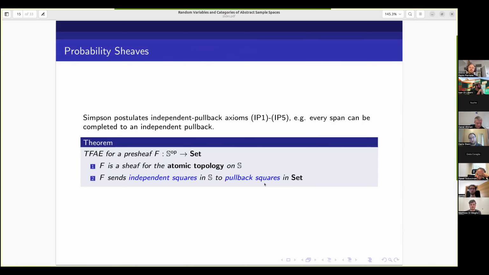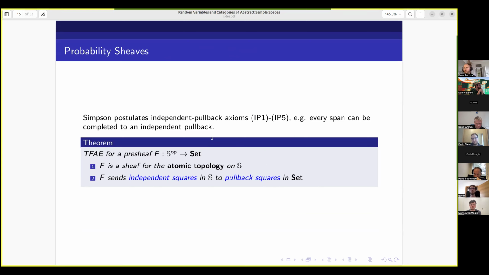And then he postulates 5 axioms that we can say about these independent squares and independent pullback squares, IP1 to IP5. They are stuff like every span can be completed to an independent pullback. And those are one way of capturing how conditional independence works with random variables.